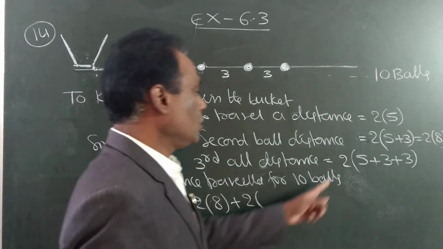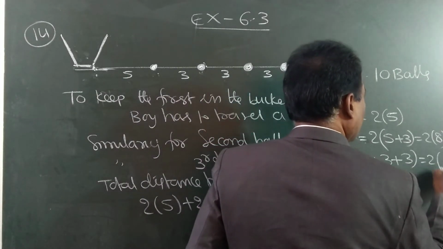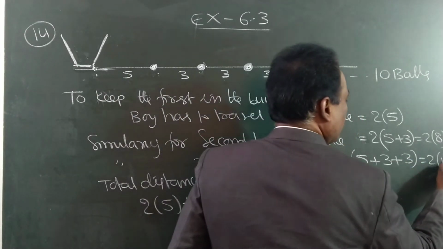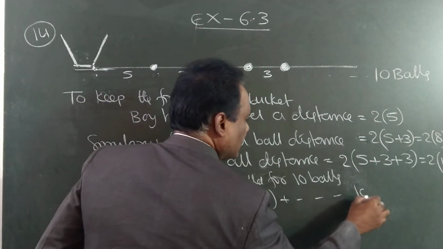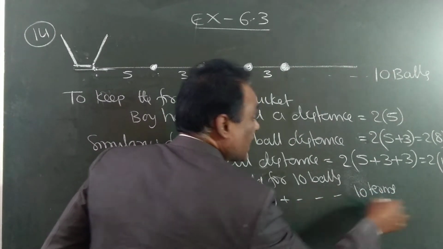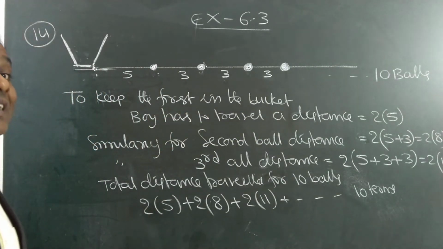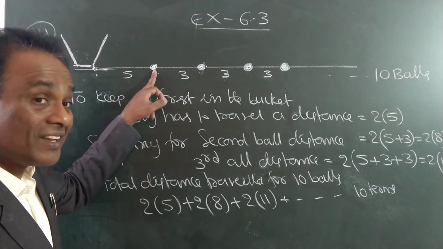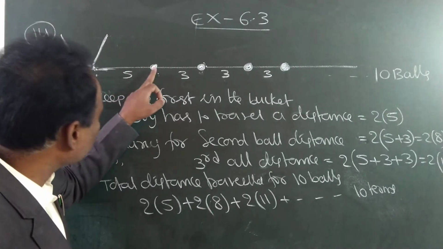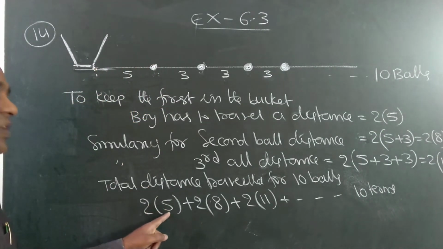Third ball 2 into 3 plus 3, 6 plus 5, 11. 2 into 11. Like this, 10 terms. 10 times. For keeping the first ball, how much distance he has to travel? 5 meters. Back 5 meters. 2 times of 5 meters.